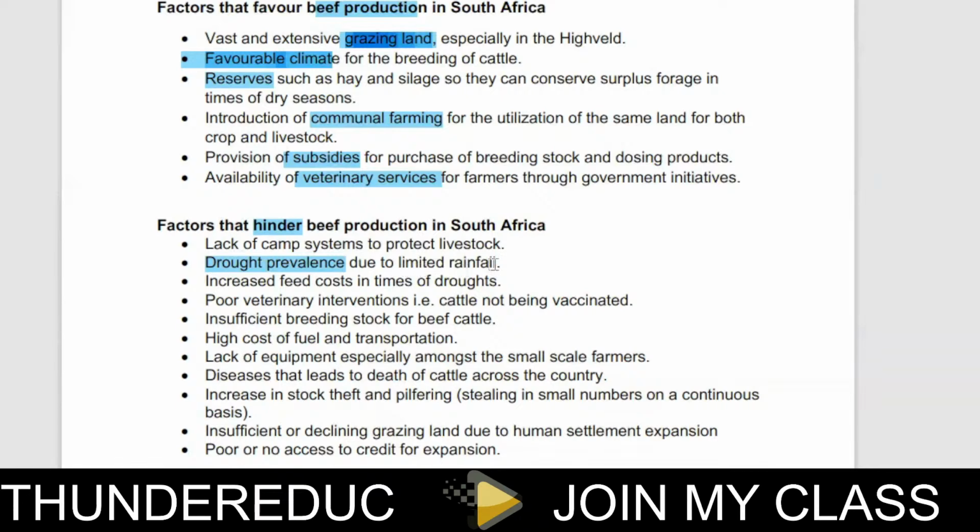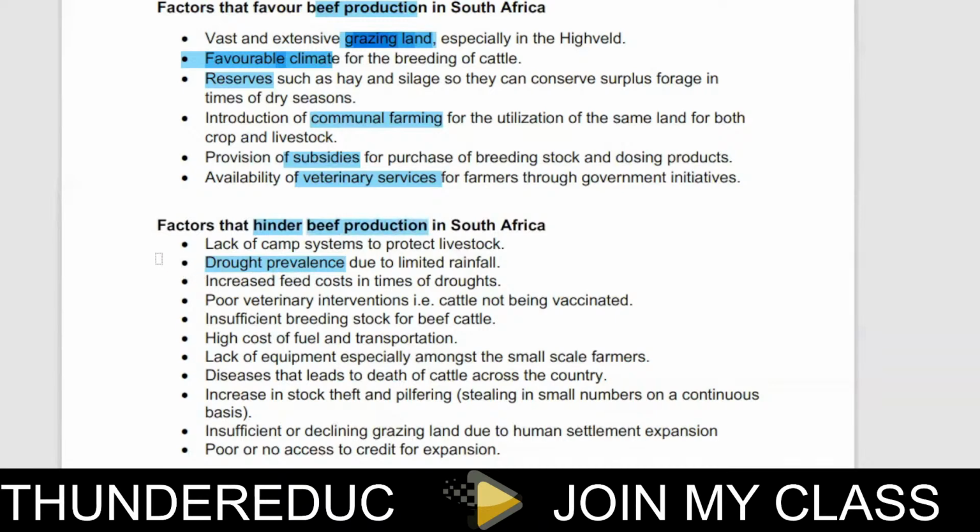So this drought affects animals, because you find out that animals don't have water. That means that will affect the production of milk. Okay, and then the animals themselves won't look healthy, which is affecting basically beef production. So drought is a serious problem in South Africa.